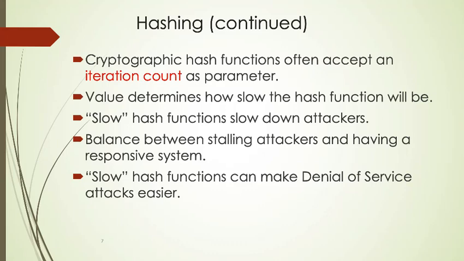The iteration count should be selected as large as possible, as long as it doesn't slow down legitimate users of the system. But you have to strike a balance between having a system that's actually responsive and slowing down hackers, because too slow makes your system also vulnerable against DDoS attacks.